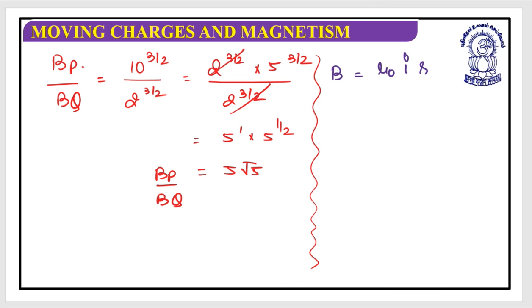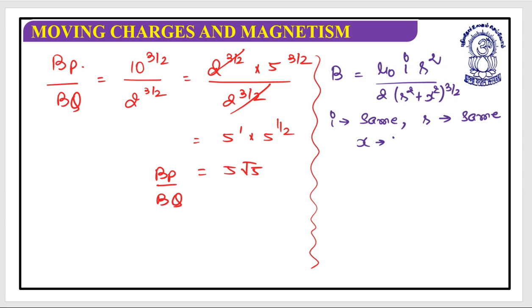Look at this. It's mu naught I r square divided by 2 into bracket r square plus x square to the power 3 by 2. So in this case, my I is the same, my radius is the same, only the thing that is varying is x. So when only x is changing, you need to decide at the very beginning of this question that B is directly proportional to (r square plus x square) to the power 3 by 2.